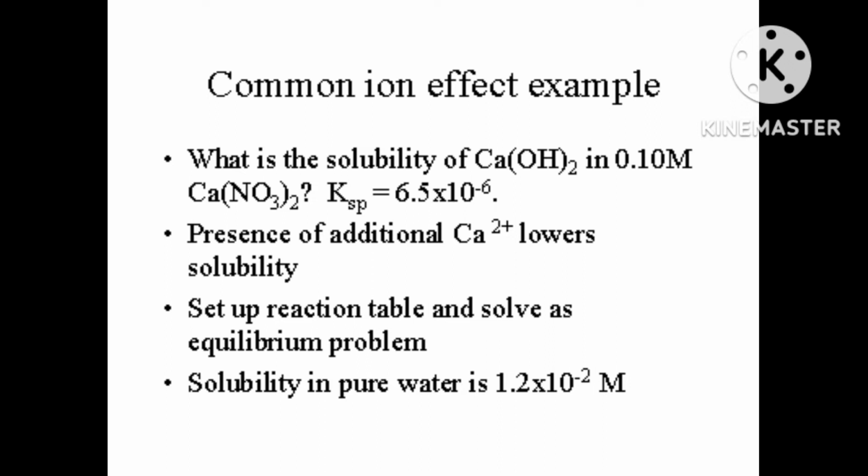A2X3 is there, so in solution it will give 2A and 3X. Because A2 means 2A, X3 means 3X. Means 2 moles of cation and 3 moles of anion. That you are understanding. But what will be the charge on the cation and on the anion?